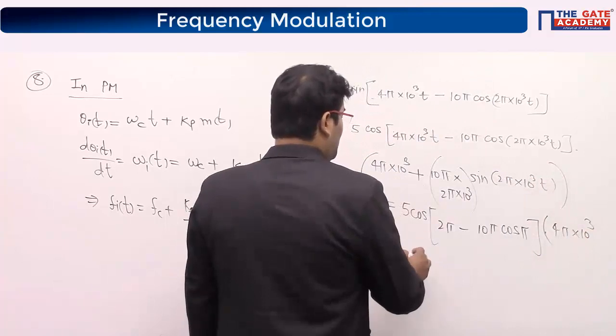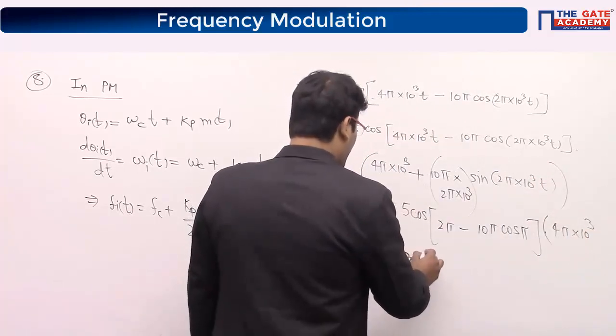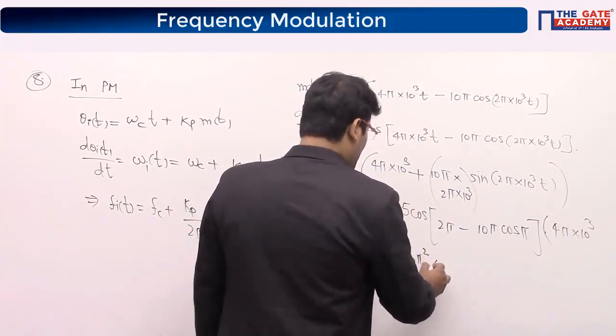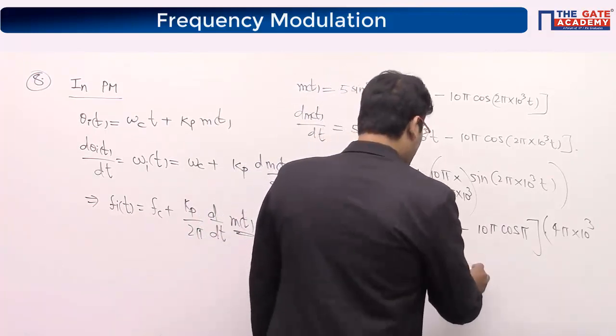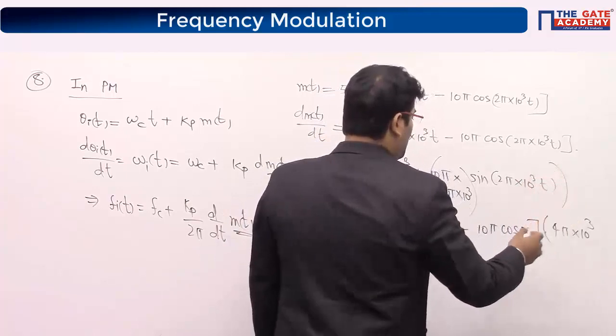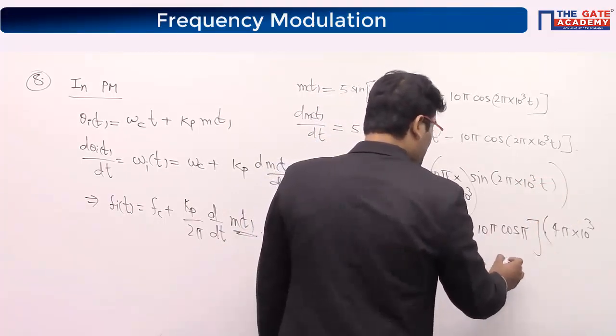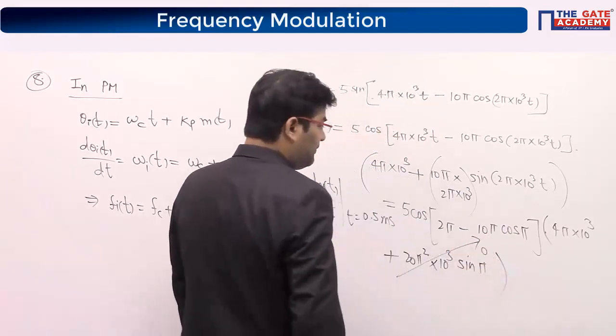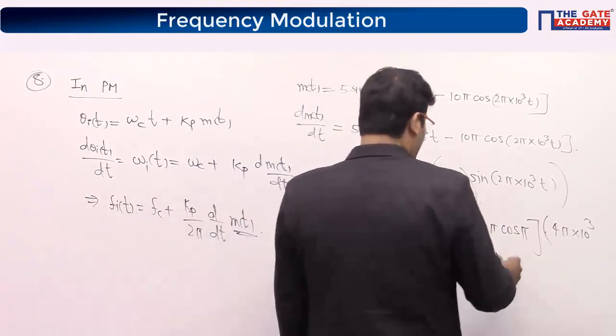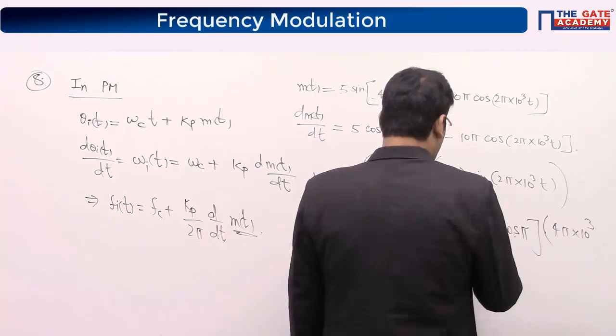Plus 20 pi squared into 10^3 into sin pi. Wow, so this is good now. Sin pi is 0, so this term is gone. Cos pi is minus 1, so it will be 12 pi.